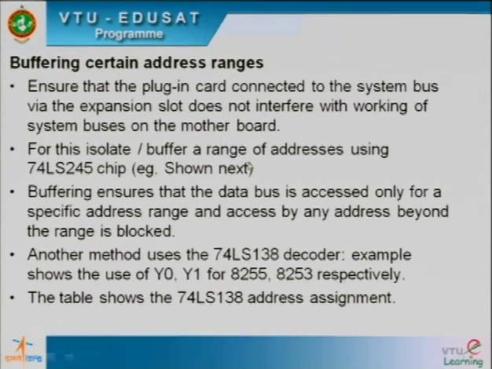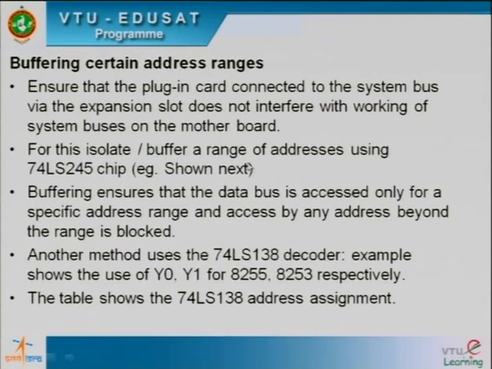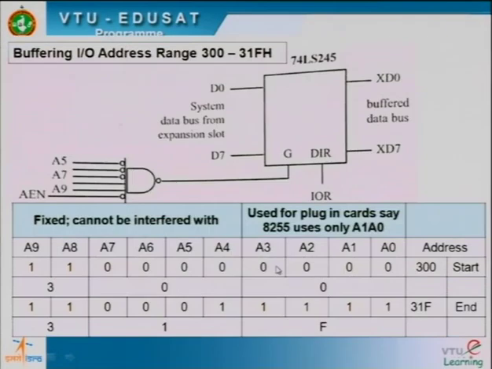Remember, 8255 has ports PA to the control word register, so 4 addresses have to be allotted. Similarly, for any other device connected into the plug-in card, we have to allocate certain ranges, and these ranges should not overlap. For that, we have 2 methods.